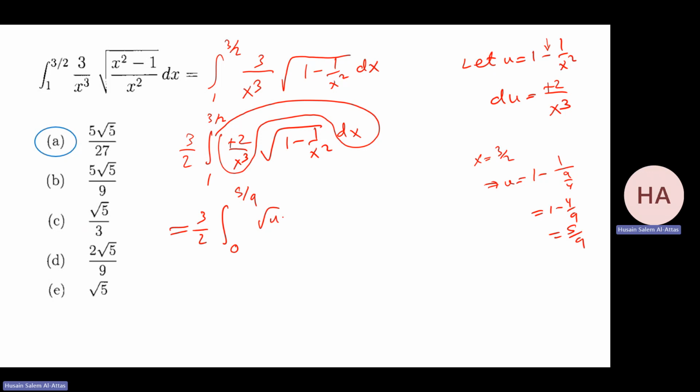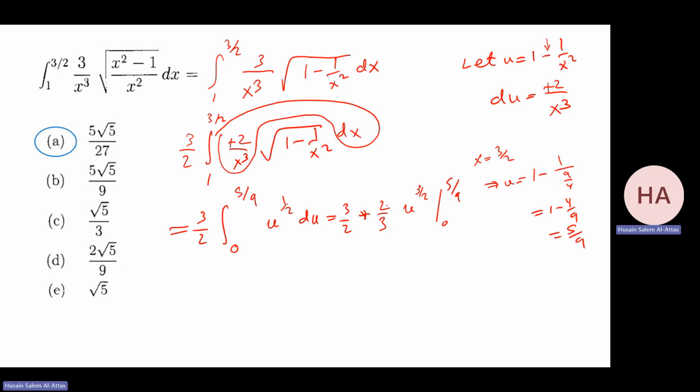And we have the square root of u du, or u to the power half, to make it easier. So I have 3 over 2 times, plus 1, 3 over 2, so times 2 over 3, u to the power 3 over 2, from 0 to 5 over 9.